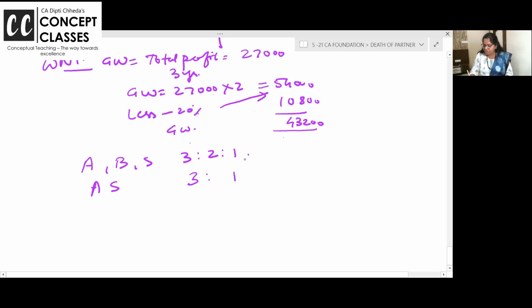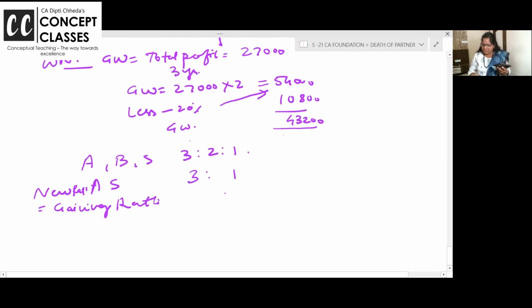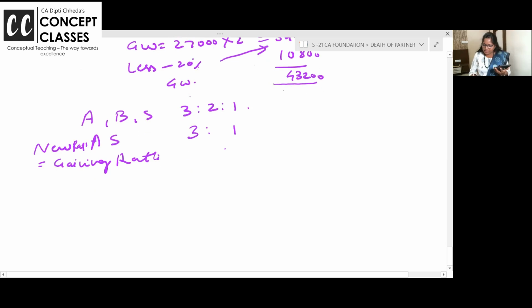So old ratio, new ratio and gaining ratio will be same. New ratio is equal to gaining ratio. Everyone in the class is clear? Because between A and S, the ratio is not changing. Now, what is B's share in goodwill? What is B's share in 43,200?